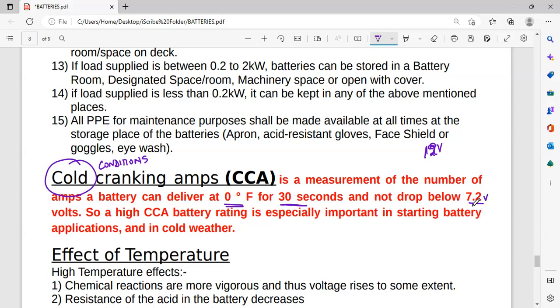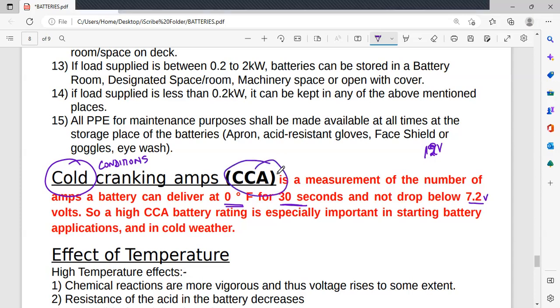Batteries with high CCA are for starting purposes, and that is why the batteries for your lifeboat and your emergency generator will have a larger CCA value. So everybody is clear with what CCA, cold cranking amperes, is?